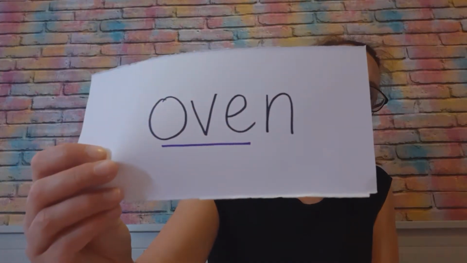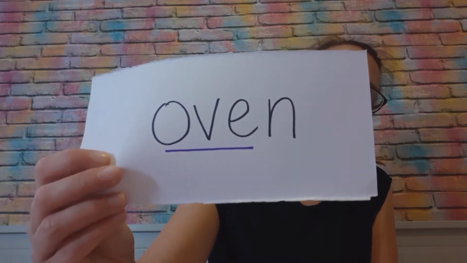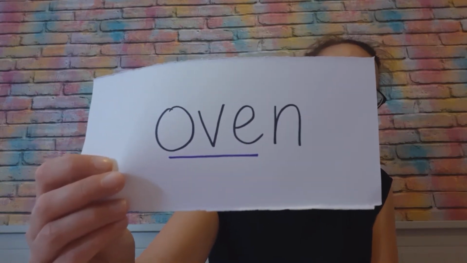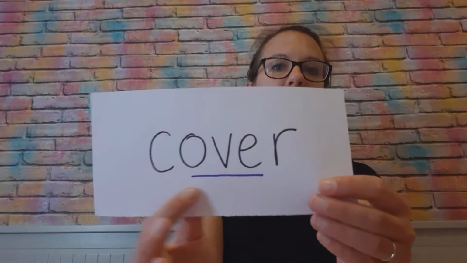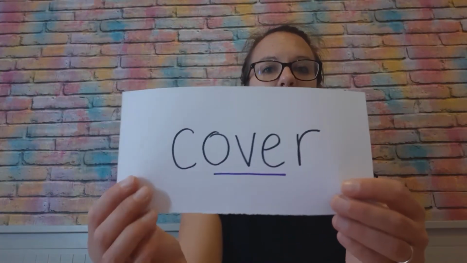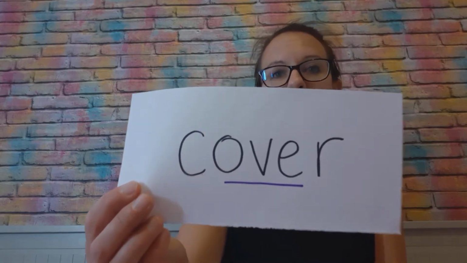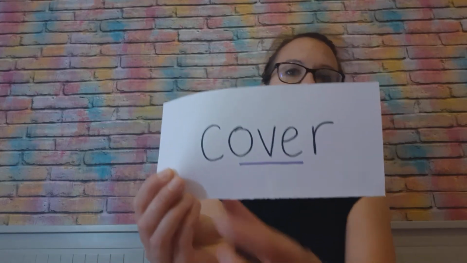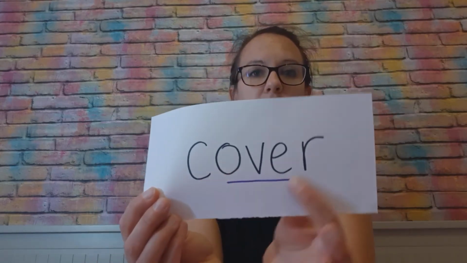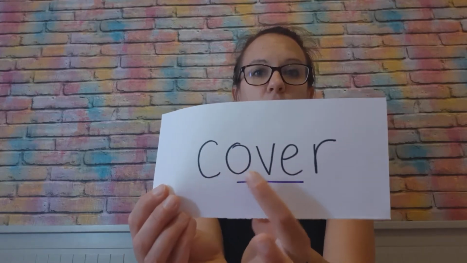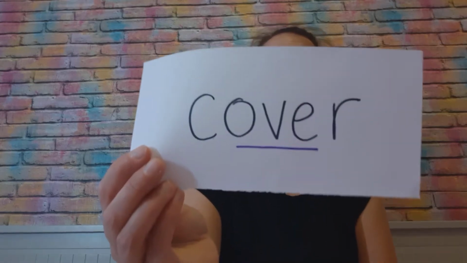I did mention this one earlier, oven. That's the one where you've got it at the start, but it still makes that same sound. Oven, of. And this one, cover. If you were reading that word and you started sounding out, you might do over, but it's actually cover.